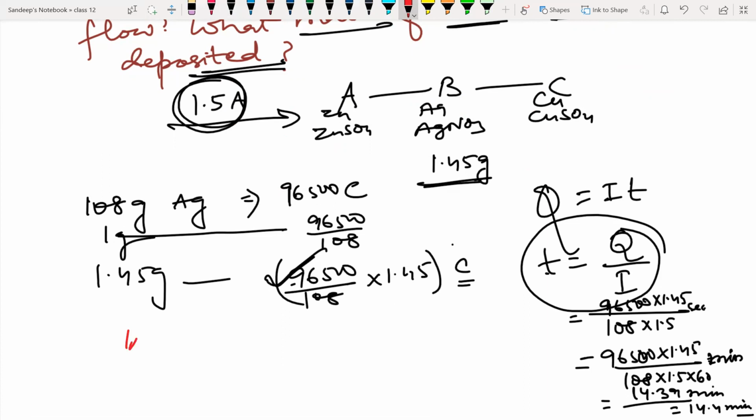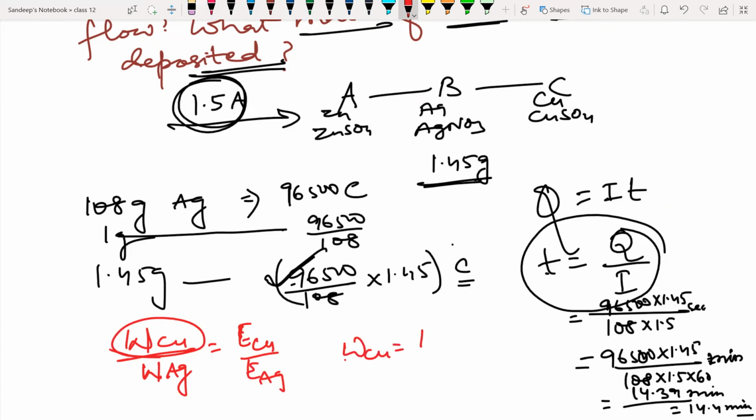Now they're asking the weight of copper. So weight of copper by weight of silver is equal to equivalent weight of copper by equivalent weight of silver. So weight of copper is equal to weight of silver into equivalent weight of copper by equivalent weight of silver.